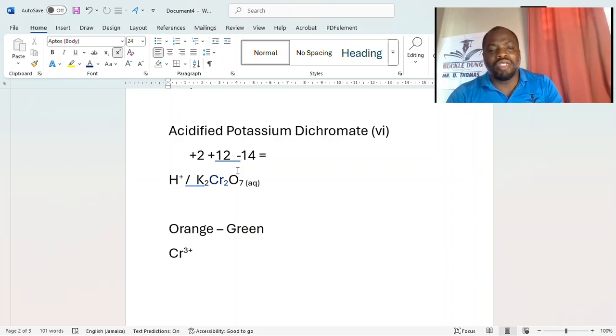And we know reduction is a gain of electrons. So what happened to the chromate ion? It basically gained 3 electrons. And that's why it became a 3+. And of course, again, we saw the reduction in the oxidation state, moving from +6 to +3.